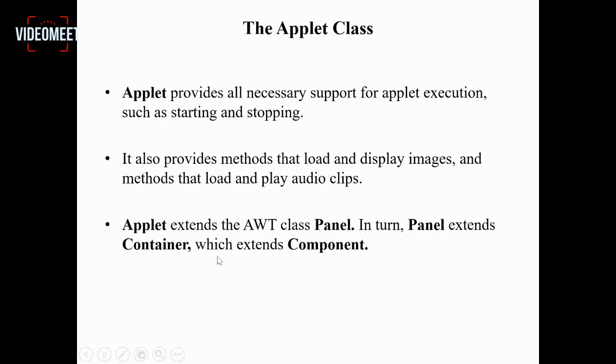And in turn, Panel extends Container, which extends Component. That means at the top, you have the Component class, and Component has a subclass called Container, and Container has a subclass called Panel, and Panel's subclass is Applet.